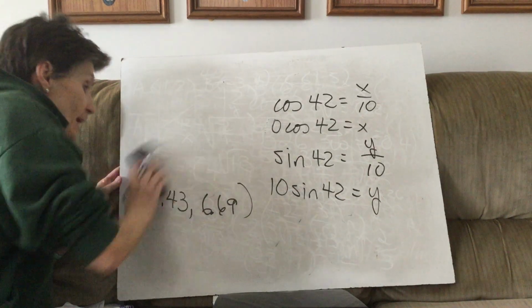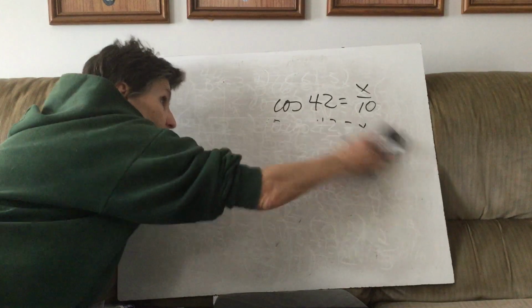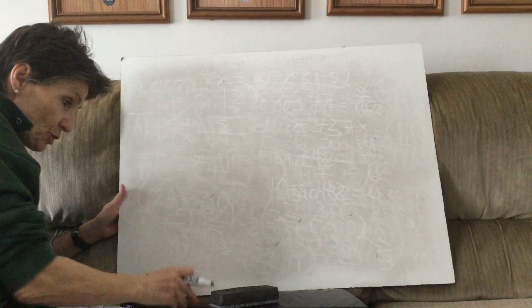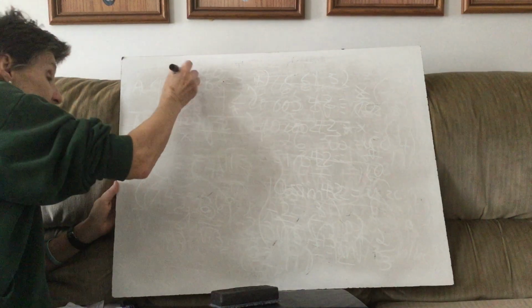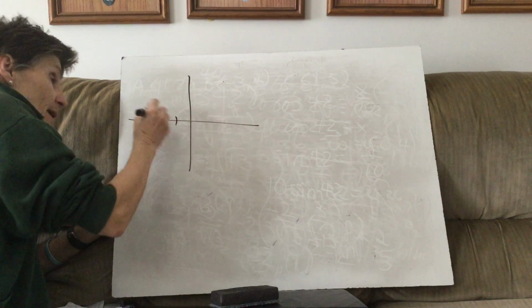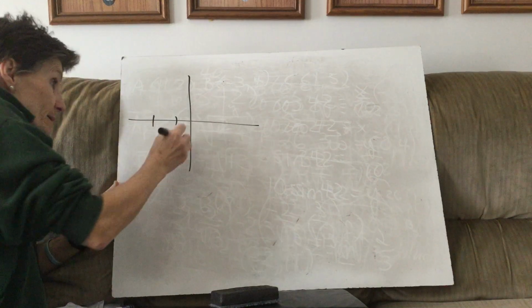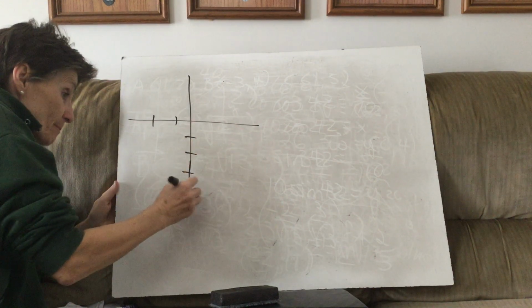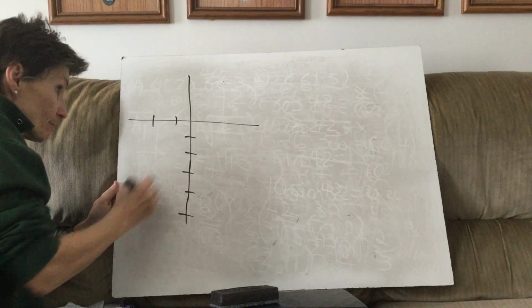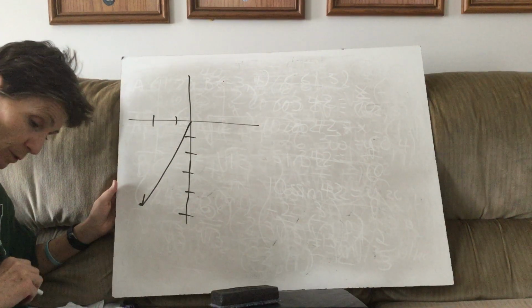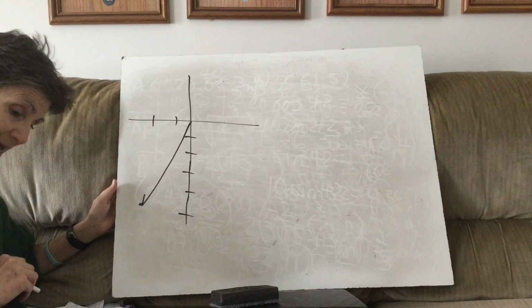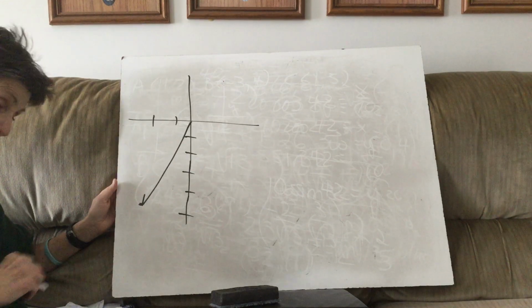Okay, now we're going to find the magnitude and direction of an angle. So it's kind of backwards of that. We're going to take the vector, -2, -5. So it looks like this. And we're going to find the magnitude and the direction.